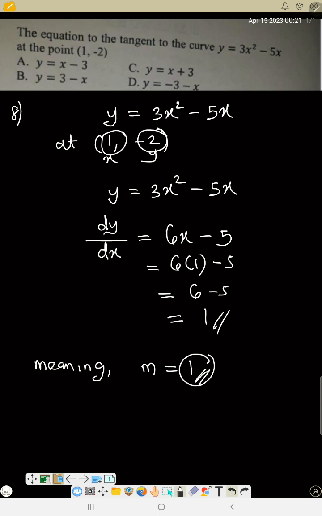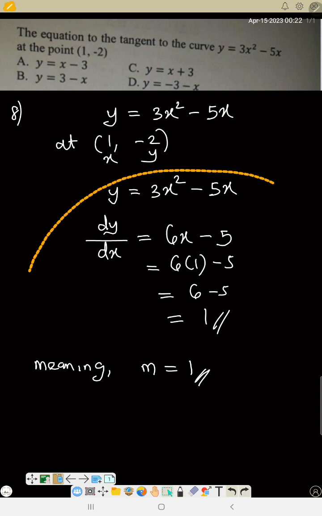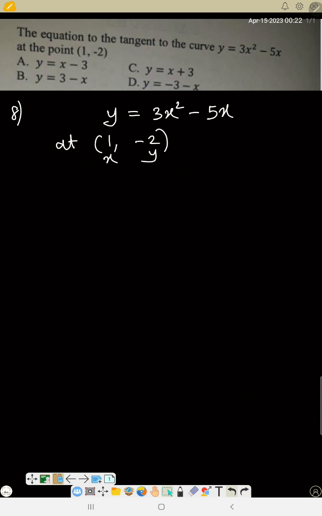Then passing through this gradient 1, now it is passing through those 2 points. So this is the equation of a straight line with a point and gradient. Because it's the equation of the tangent, this m of 1 will remain the same. So that means I know a point and gradient m.